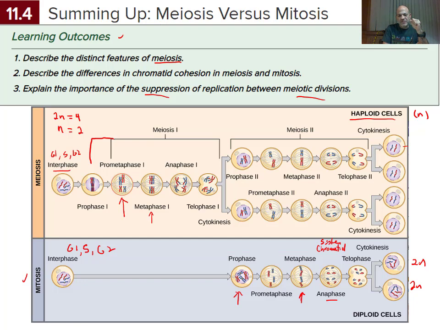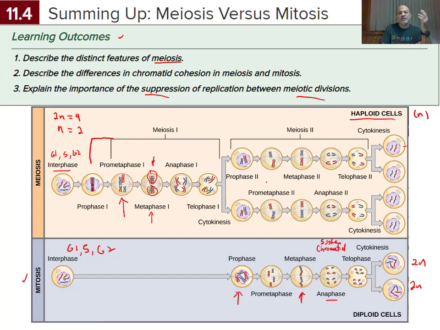Then during anaphase 1, the homologs get separated. But remember, when they line up here, each pair lines up independent of the other one, which is where we're going to get more genetic variation, because the pairs line up independent of each other. And so paternal and maternal chromosomes can line up on one side or the other for each pair.